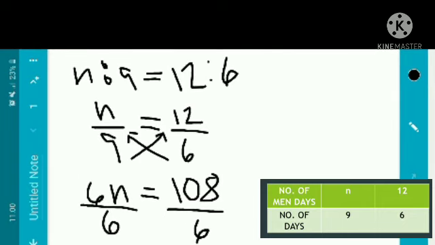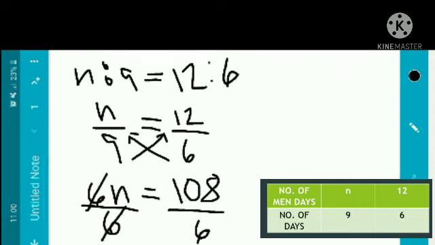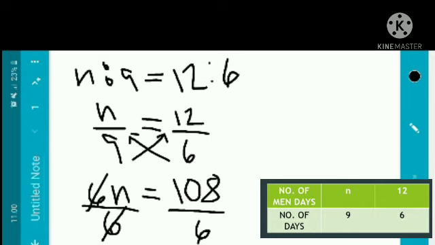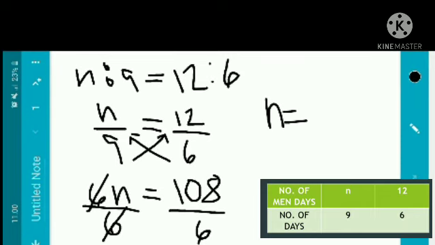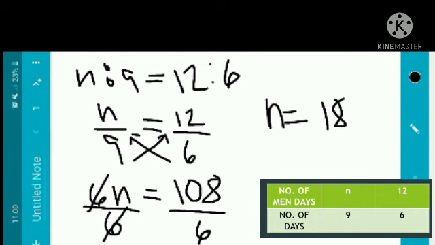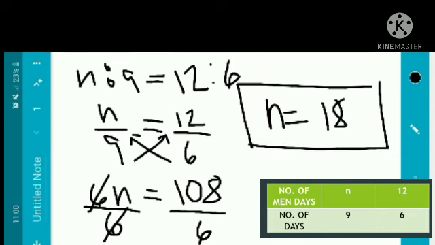So 6 will be cancelled out, become 1n, or simply n na lang. And what is 108 divided by 6? That is 18. So n equals 18. Okay, that is our final answer.